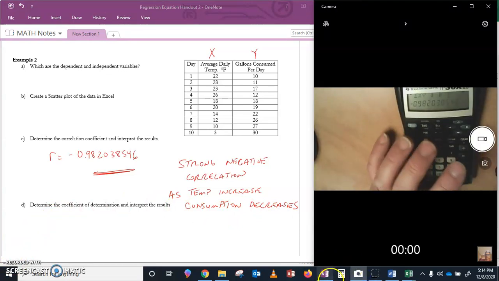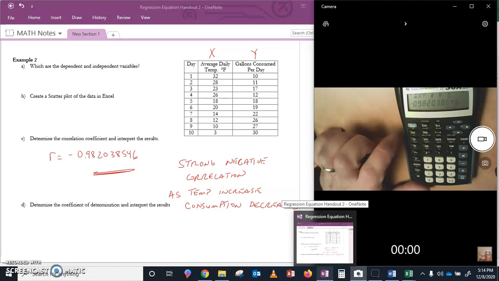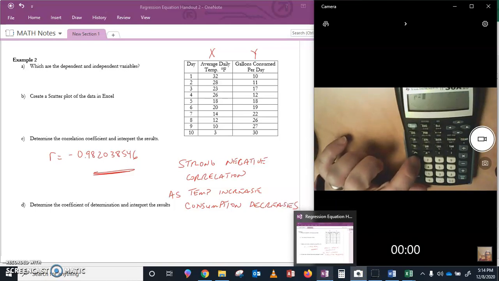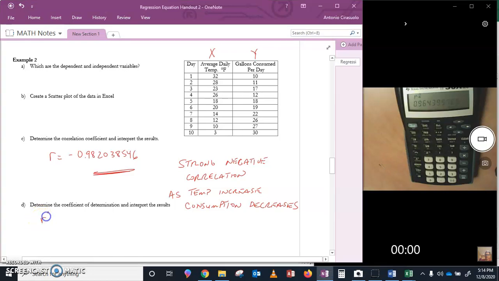The next value, coefficient of determination, we're just going to take this value and square it. There we go. Hit the square button and enter. And so we get 0.96 and change, 0.964399705.